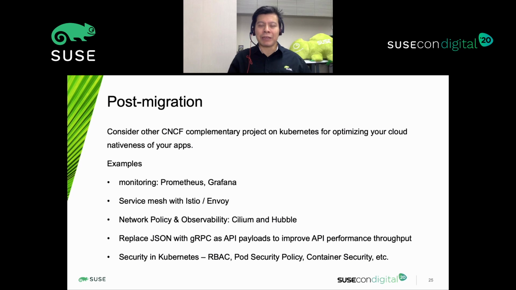And if you're interested to look into the observability of your network, you may also want to look into the Project Hubble as well. If you're developing the API service, then you may also want to consider using gRPC, which is in general much more performant than the JSON-based API.